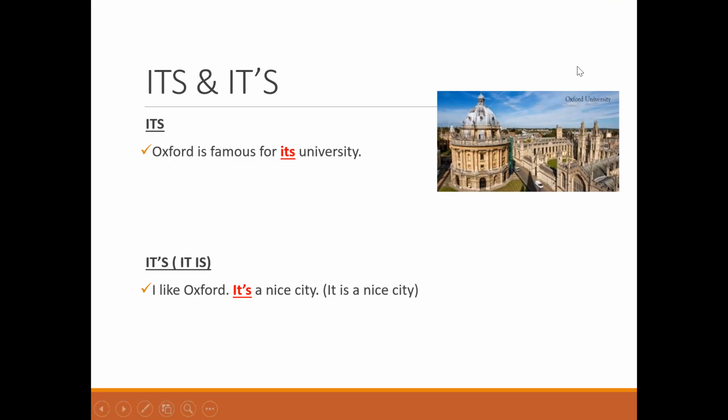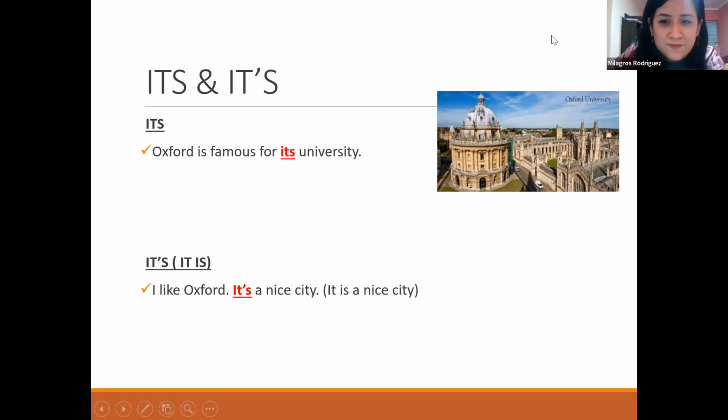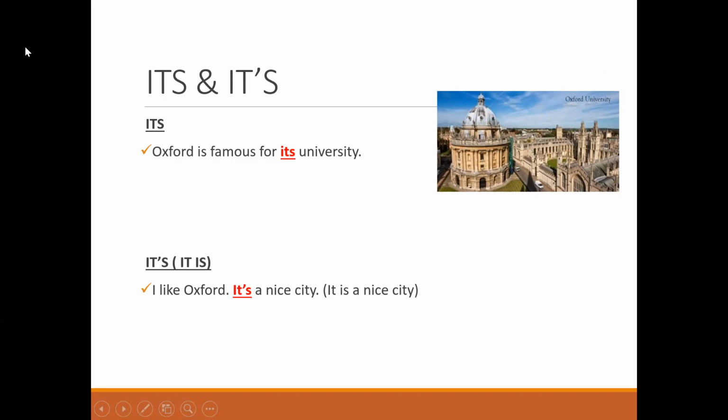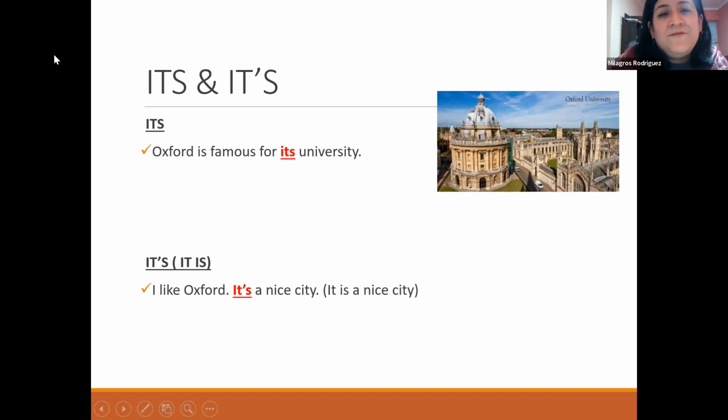Oxford is famous for its university. Continue. I like Oxford. It's a nice city. Good. So in the first case, its is a possessive adjective, right? But in the second, it's means it is, a use of the verb to be with the pronoun it. Good.